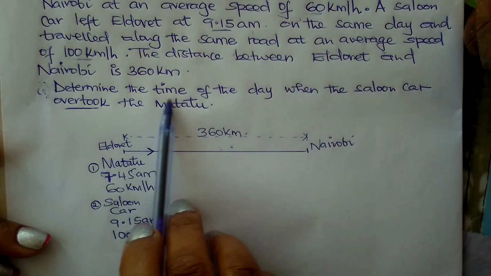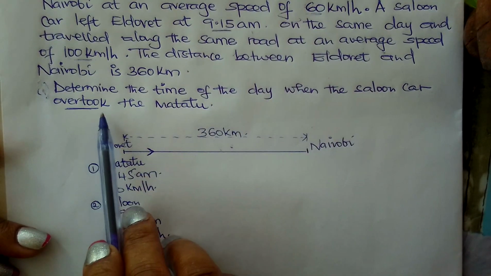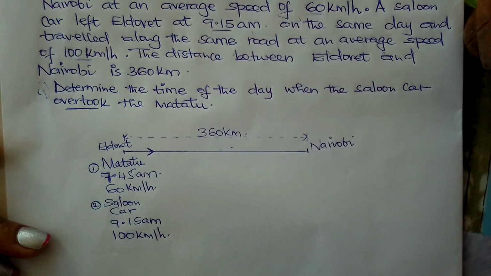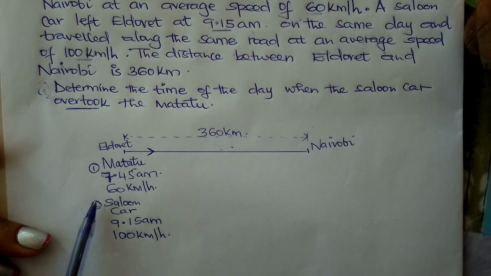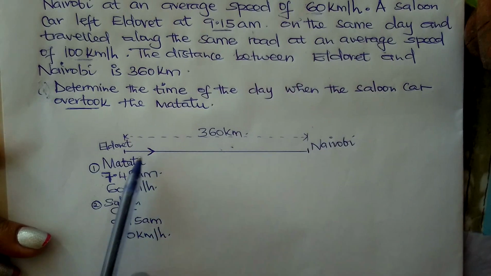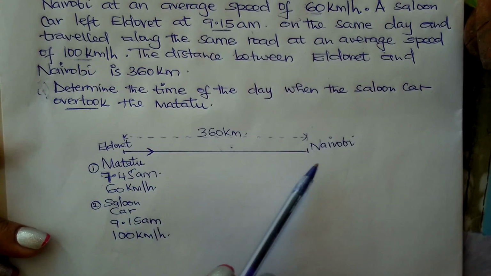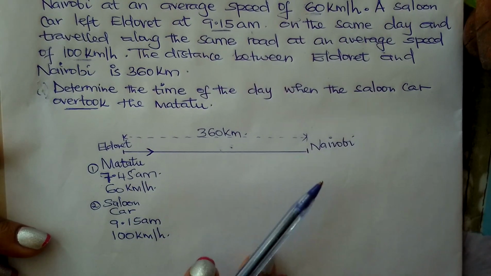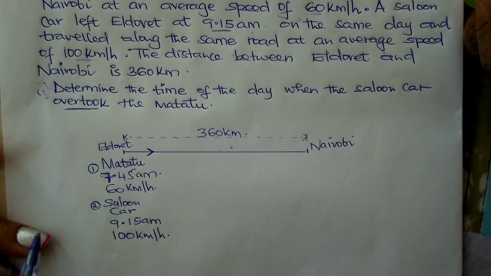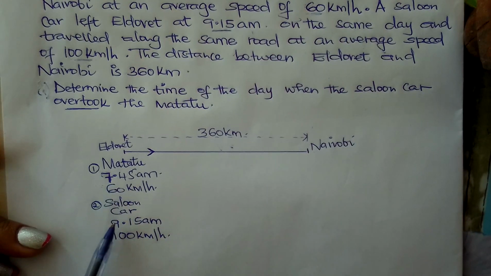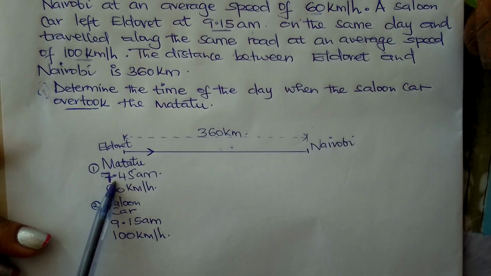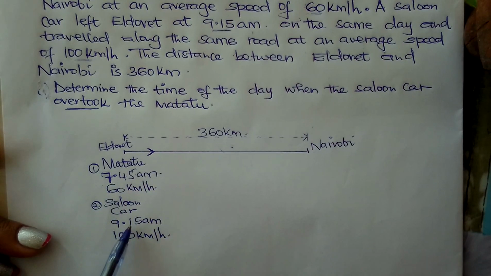From there, you are now told to determine the time of the day when the saloon overtook the matatu. So learner, these two vehicles are moving in the same direction. They are heading to Nairobi. And therefore, the first thing that you do is to equate these times. You see this one, the matatu leaves earlier than the saloon car.